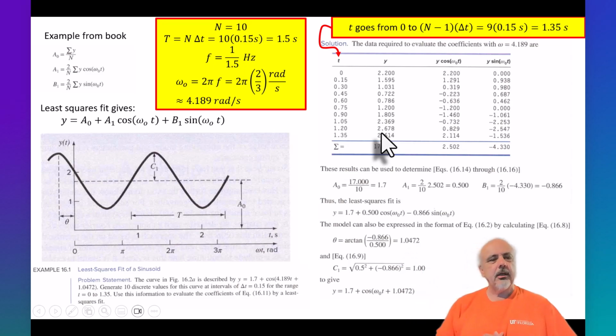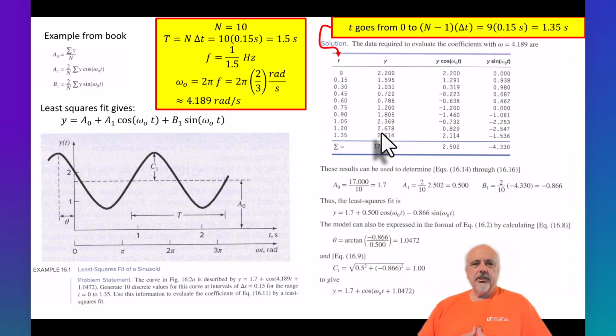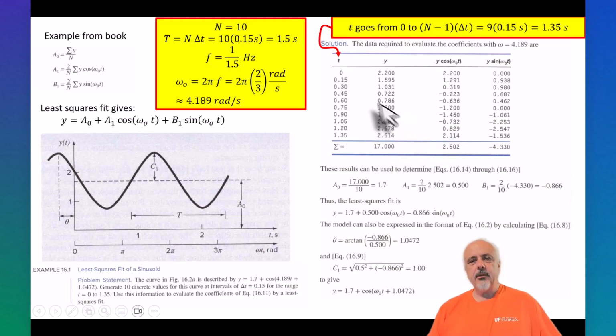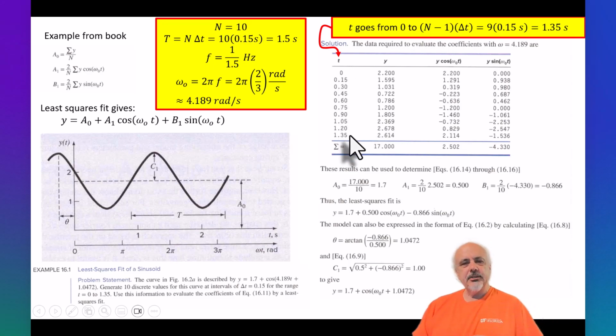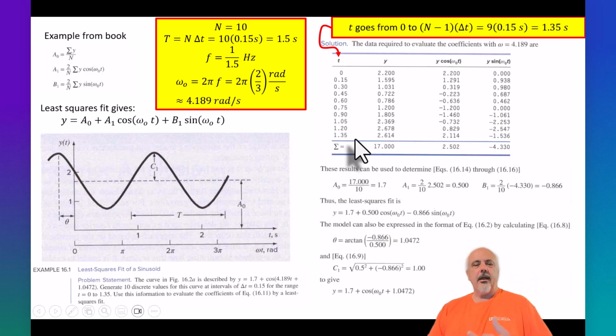Then I took the example in the book and double checked it to make sure it made sense. The time integral goes in delta t's of 0.15 seconds, from 0 all the way to 1.35. The idea is that if you were to go to the 1.5 timestamp, that would be equal to the y that you began with.